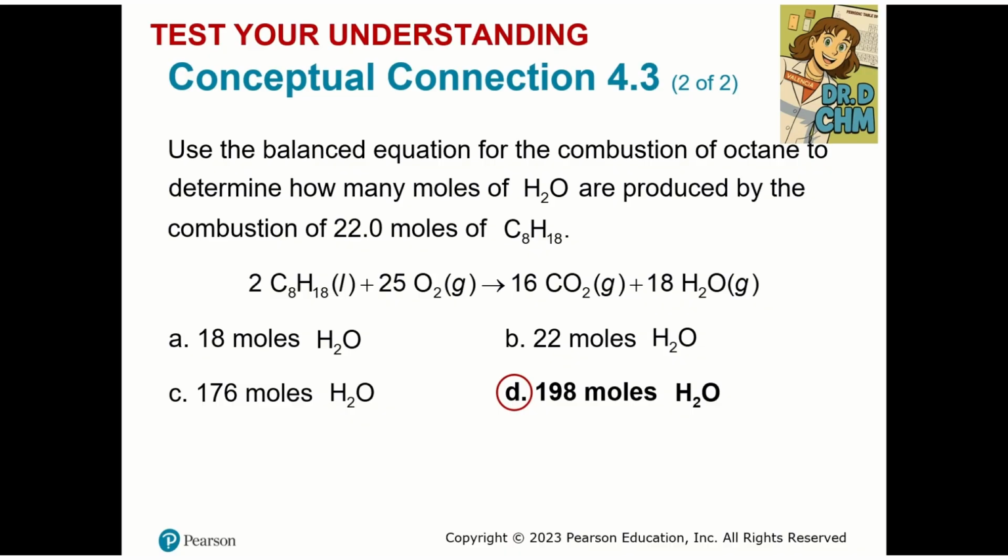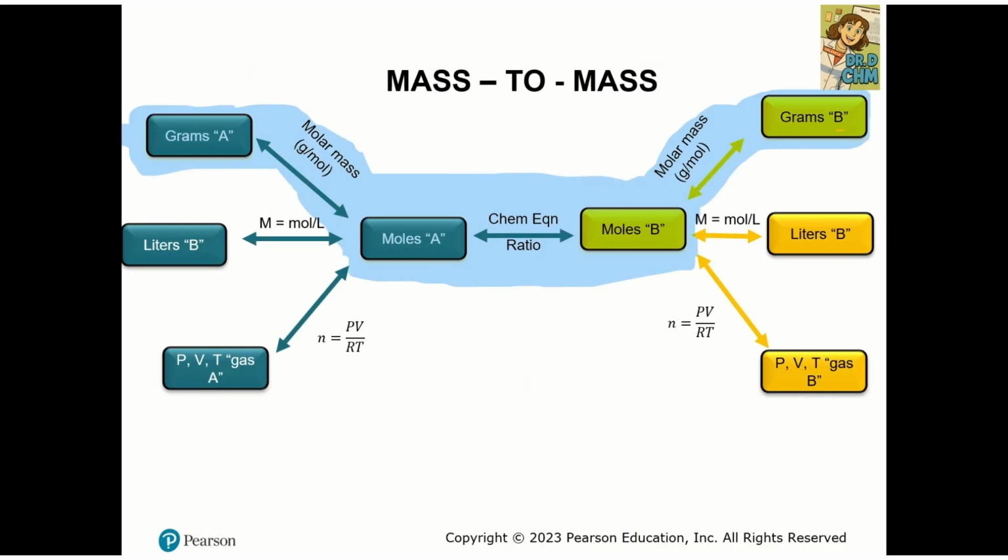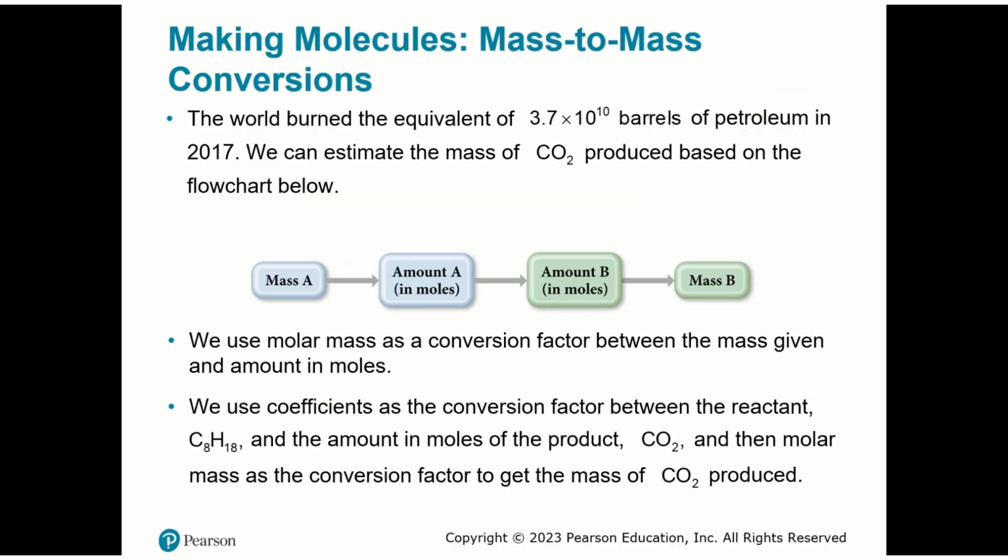But it can be tricky when you work with grams, because in real life we measure substances in grams. So we convert grams to moles, and then we use the mole ratio. The first step is using molar mass to find moles, then we use the chemical equation ratio, and then we convert back to grams if needed through the molar mass of the reactant or product B. Let's see this example.